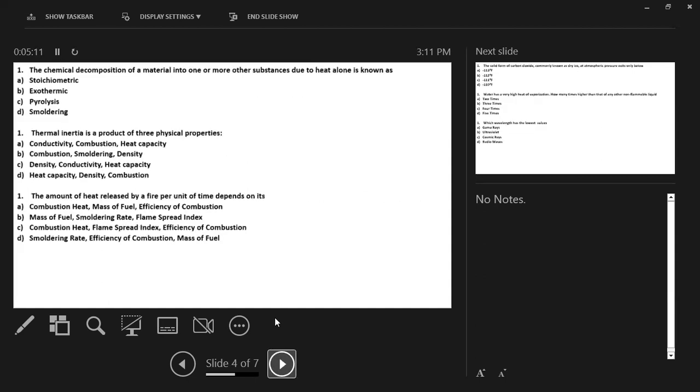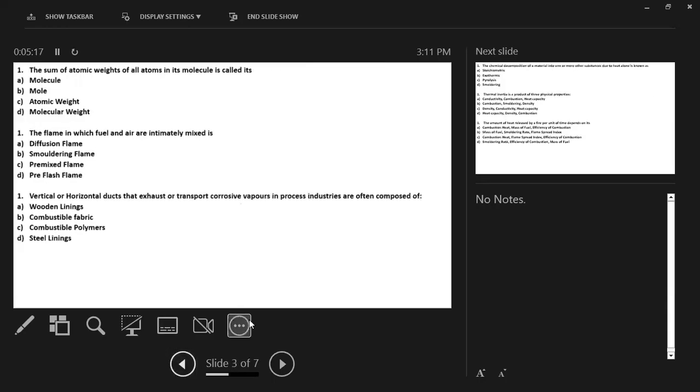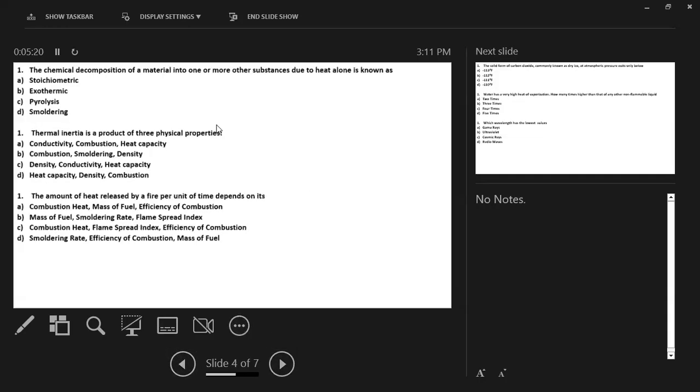The chemical decomposition of a material into one or more substances due to heat alone is, yes, not stoichiometric, in which we have fuel and oxygen available, and once the chemical reaction completes, all fuel is consumed, no oxygen is left. And in the first introduction, we discussed heat release rate.